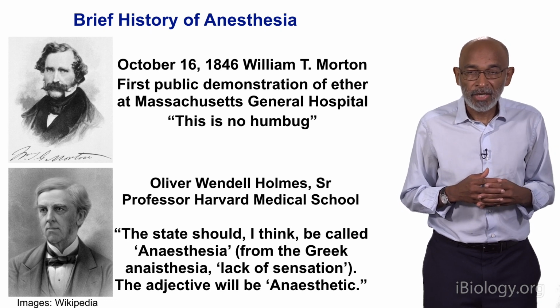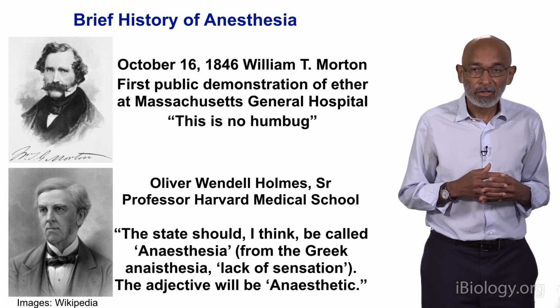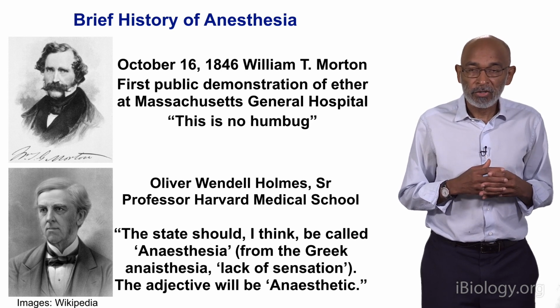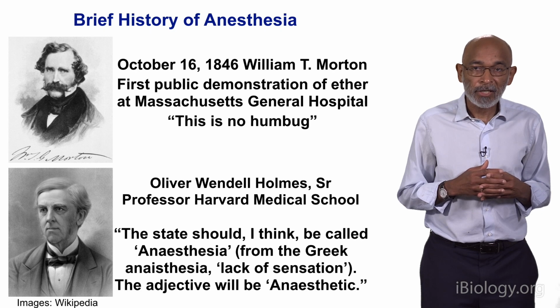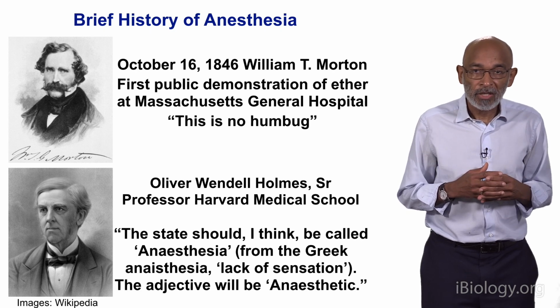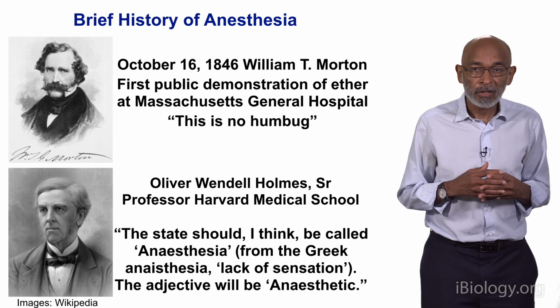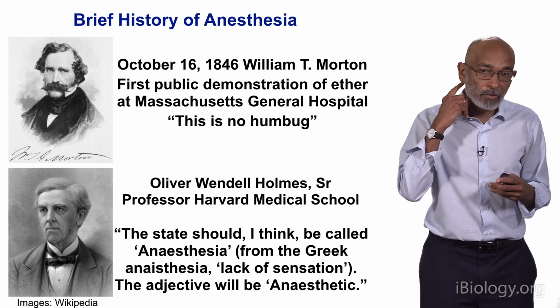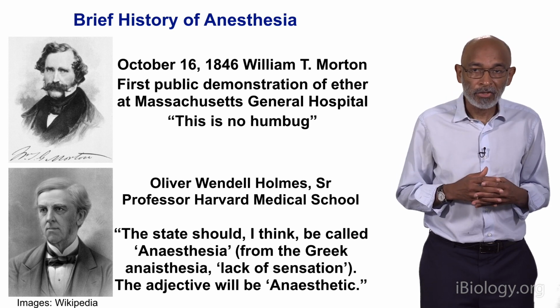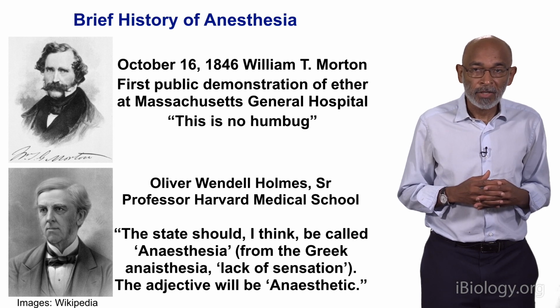So he proposed this idea of operating on someone under ether to John Collins Warren, who was a major surgeon at Mass General Hospital at the time. So on October 16, 1846, Gilbert Abbott was the patient who had a tumor on his neck that John Collins Warren wanted to remove.